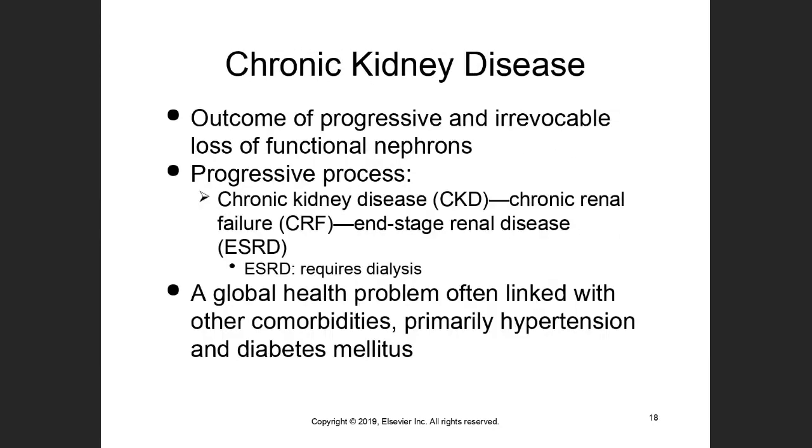Hold on, this is important. A global health problem often linked with other comorbidities, primary hypertension and diabetes. Those are the two comorbidities that most commonly produce chronic kidney injury.